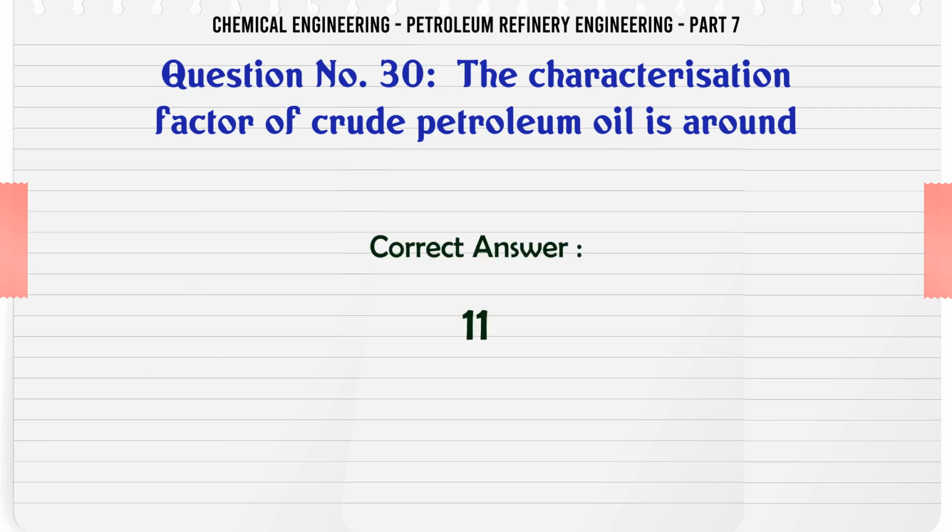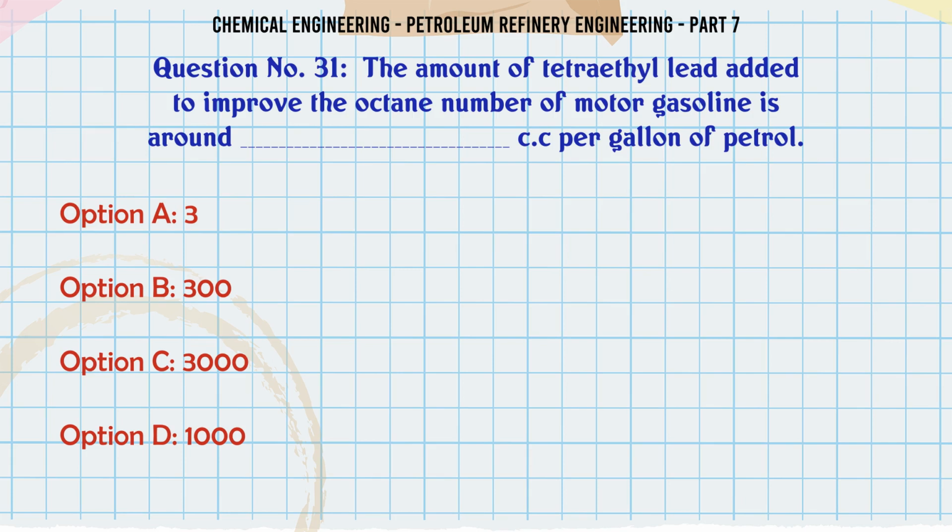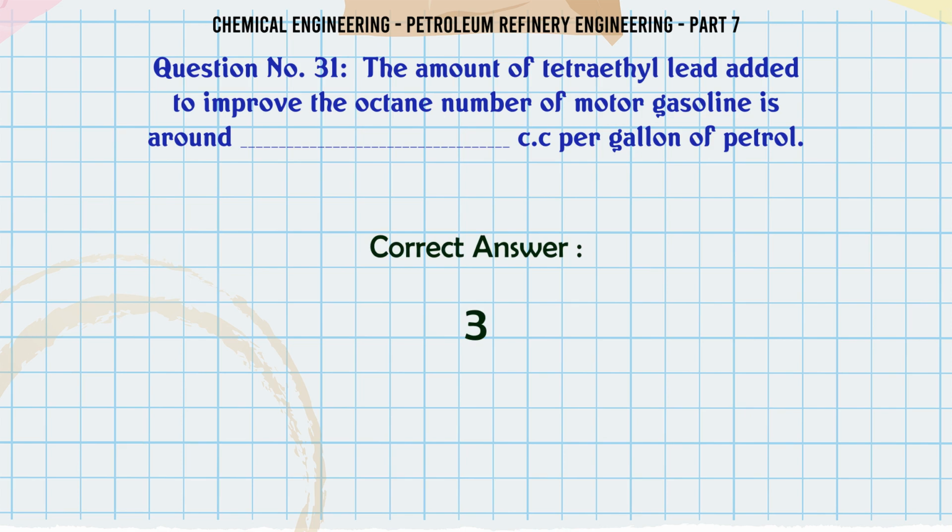The correct answer is 11. The amount of tetraethyl lead added to improve the octane number of motor gasoline is around blank cc per gallon of petrol: A. 3, B. 300, C. 3000, D. 1000. The correct answer is 3.